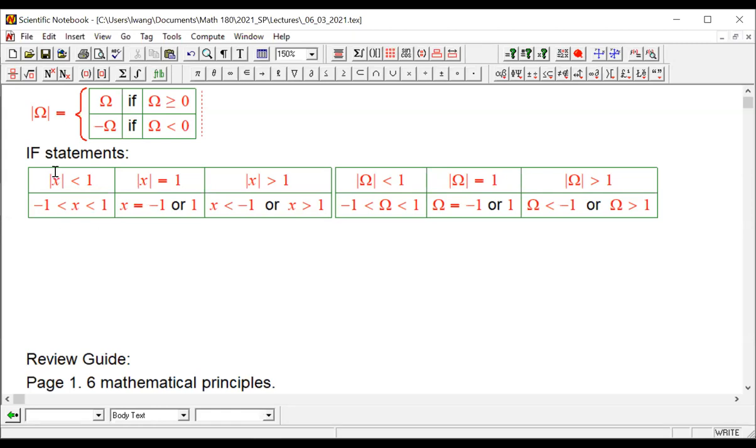And of course, in the if statement, there are some special cases. What are those special cases? We have addressed them. Say, for example, if this is less than a negative number, or this is larger than a negative number, or equal to a negative number.